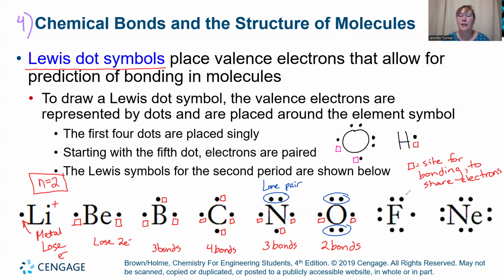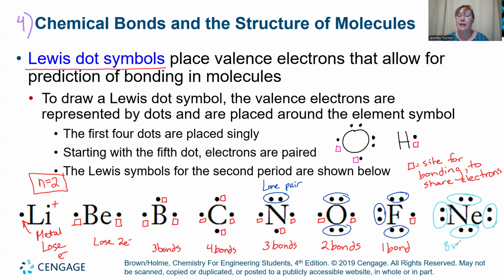Now, our fluorine has 1, 2, 3 lone pairs, and it has 1 site for bonding. And now notice over here with our neon that it has 1, 2, 3, 4 pairs.